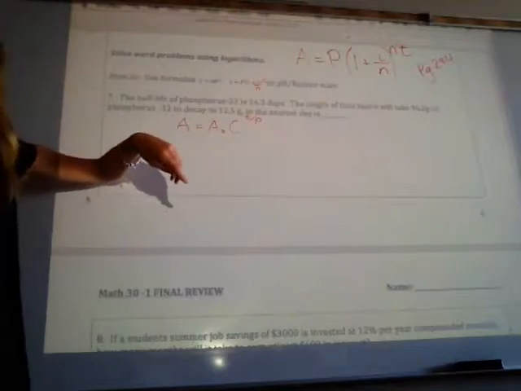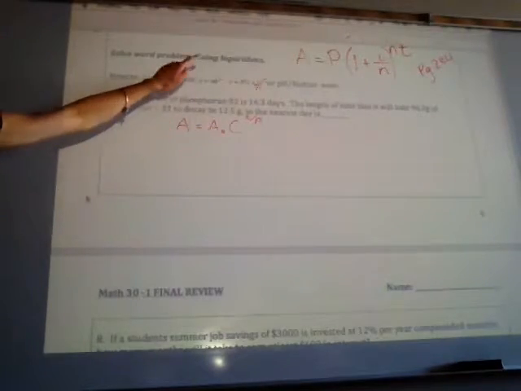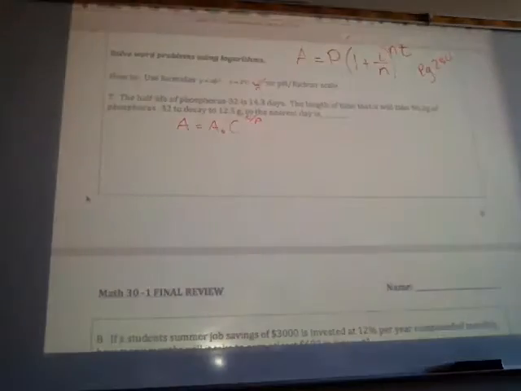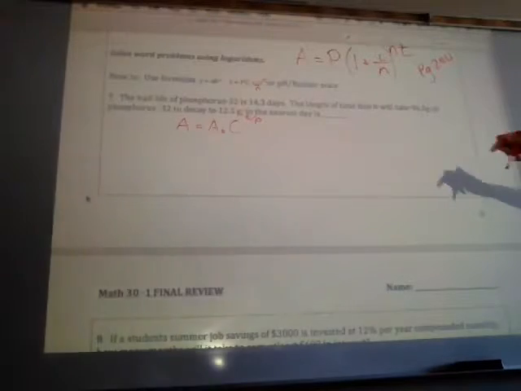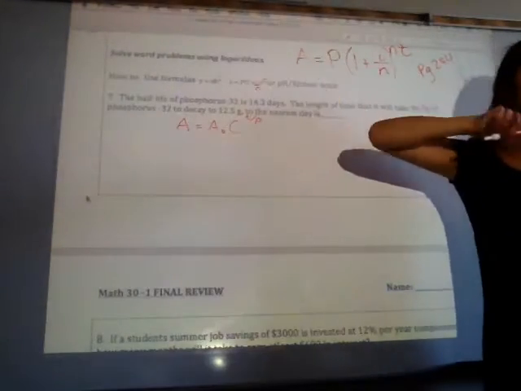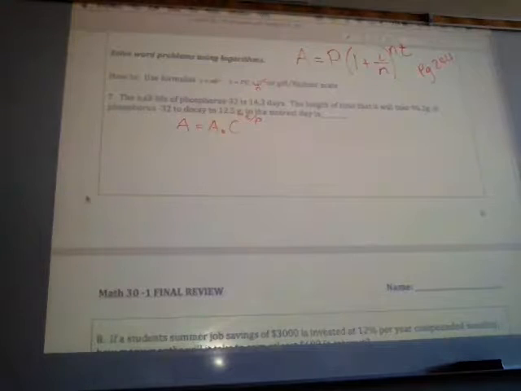Which formula is on our formula sheet for the diploma? I'll just double check that. I believe it's that first one. None of the above. The only one given on your formula sheet is the finance one. So we need to memorize the half-life formula?